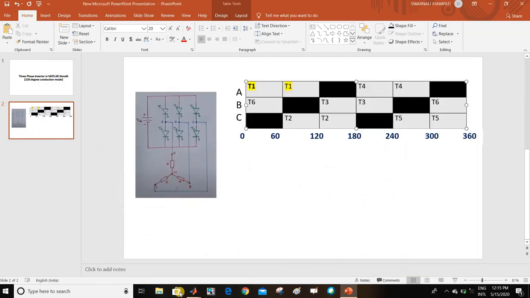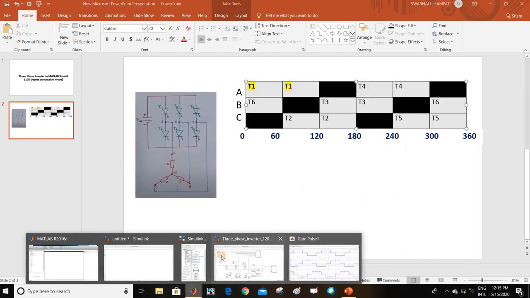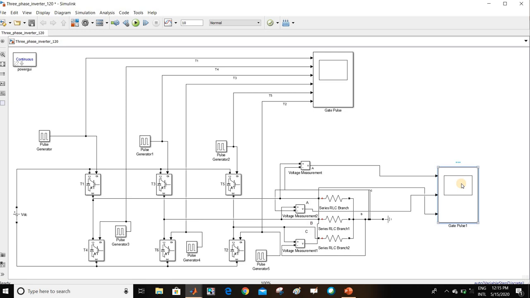So if we take line voltages here, if we connect one scope again, and if we check line voltages here, VAB, VBC, VCA.